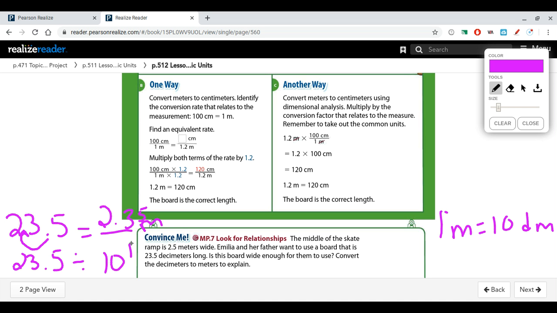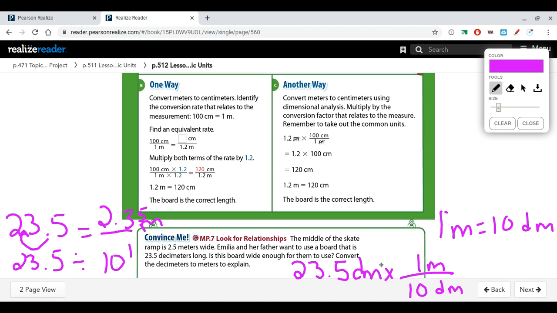It needs another 0.15 meters. If I use this with the conversion factor, this is what it's going to look like. I have 23.5 decimeters. And again, because I'm dividing, decimeters is going to go on the bottom. So the 10 dm is going to go on the bottom. The 1 meter is going to go on the top.